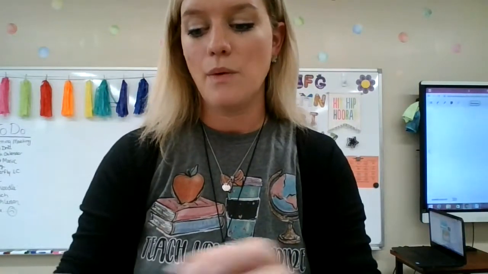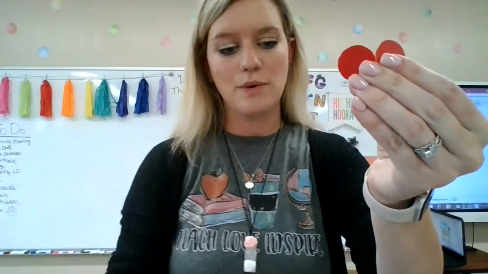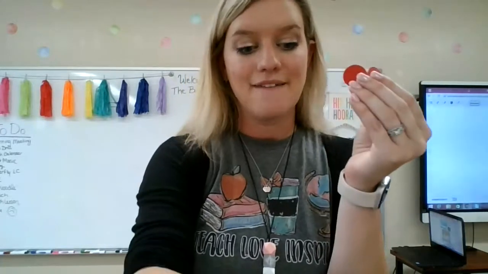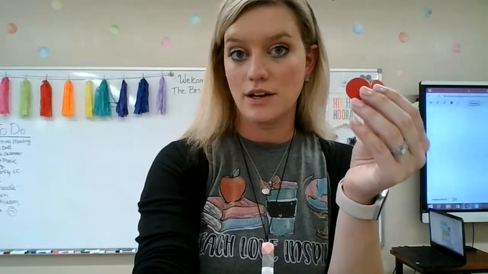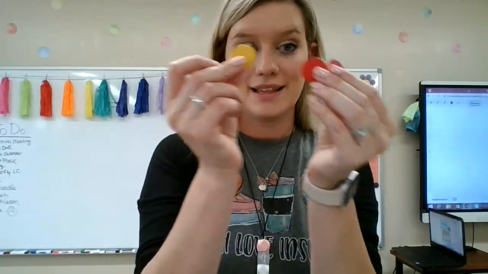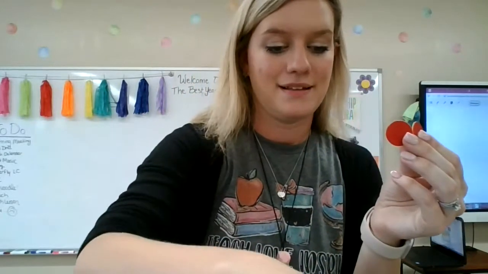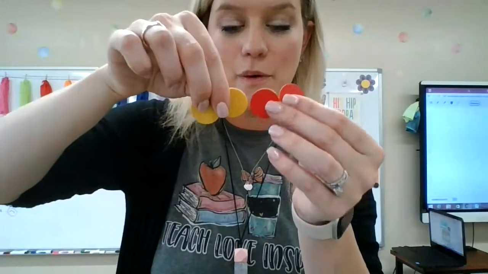Can I switch it up and still get the same answer? I sure can. So this time I want to have 2 red ones. So now I have 2 red ones. How many more do I need to add to my 2 red ones to get 4? I'm going to add yellow ones onto it. That makes 3. That makes 4. I have 4 total.